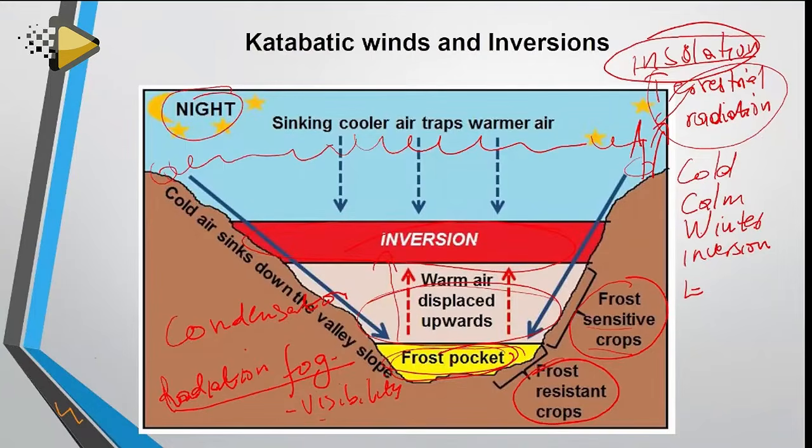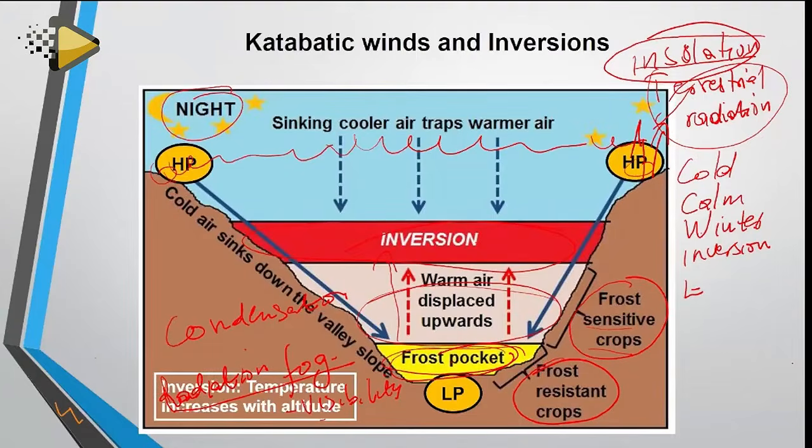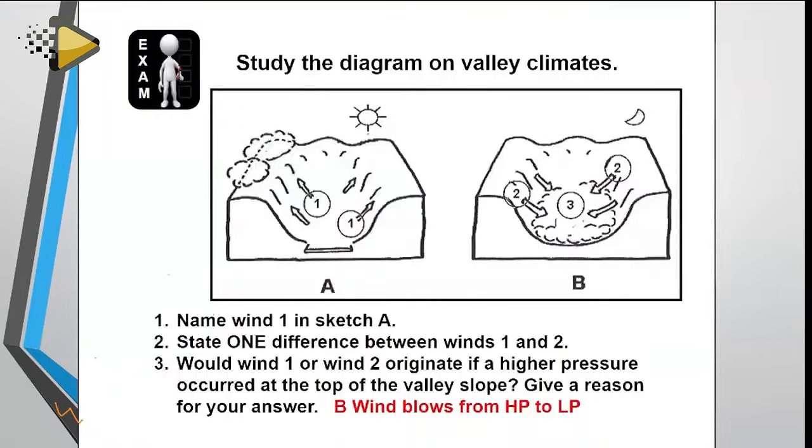And if they drive faster and the visibility is not clear, then there are high chances of accidents taking place. So those will be the impacts of this natural phenomenon, radiation fog. So you can see there we have high pressure there, we have low pressure there, and this whole process here is called temperature inversion, because the temperature increases as you move up with altitude.